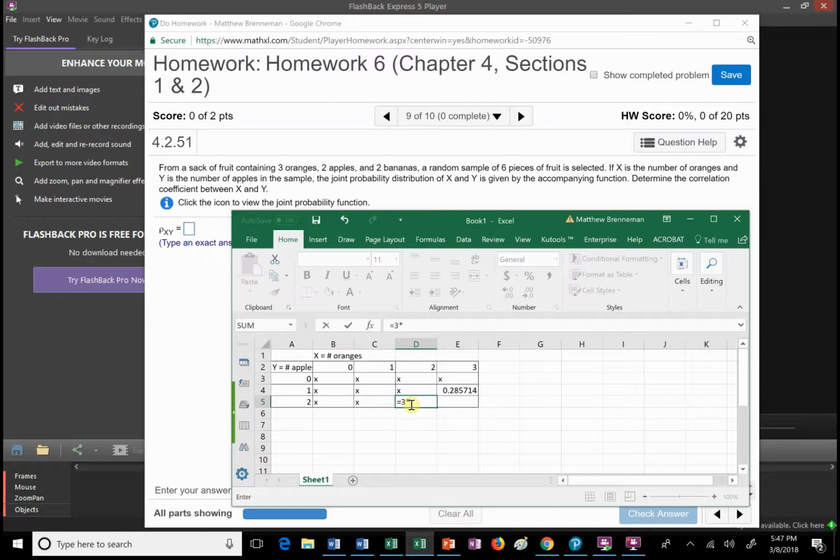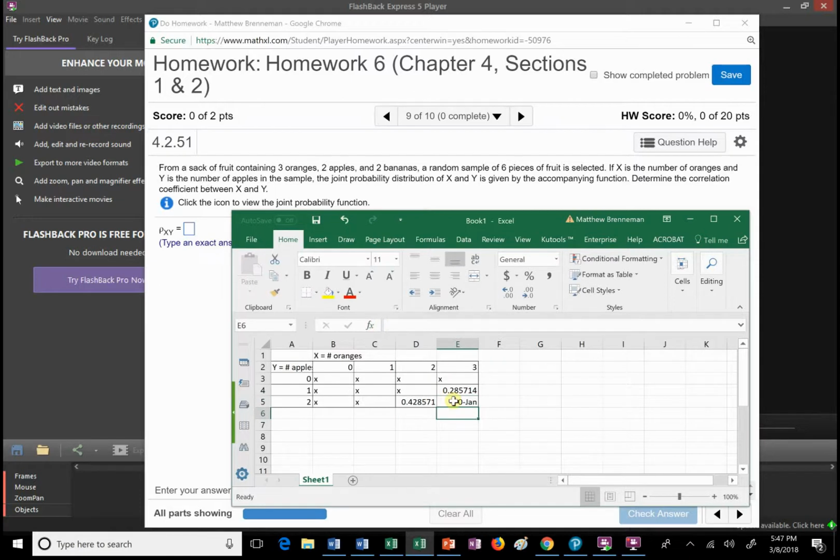We've chosen 4 pieces of fruit, so we have to choose both bananas. So it's just 2 choose 2, which is 1 divided by 7. And finally, we come over here. Okay, 3 choose 3 is 1, 2 choose 2 is going to be 1, 2 choose 1 is going to be 2 divided by 7. And I didn't put an equal sign there.